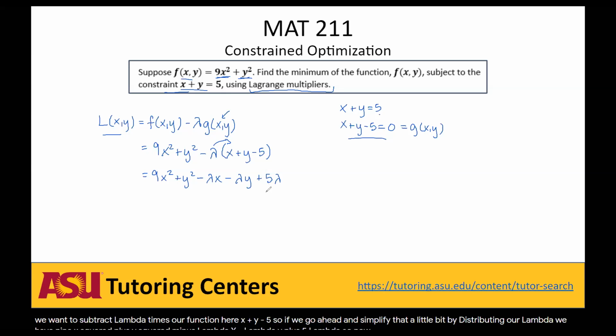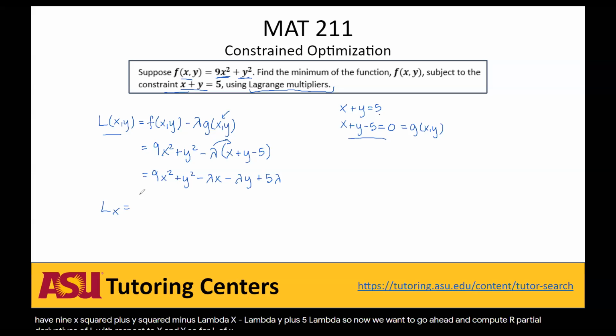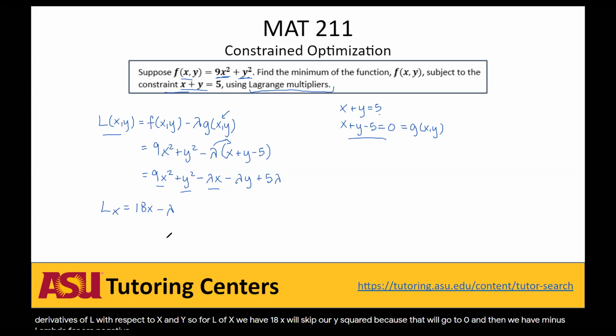So now we want to compute our partial derivatives of L with respect to x and y. For L sub x, we have 18x. We'll skip our y squared because that'll go to 0. And then we have minus lambda for our negative lambda x. And the rest of these terms will also go to 0.